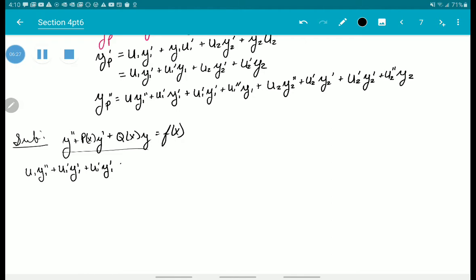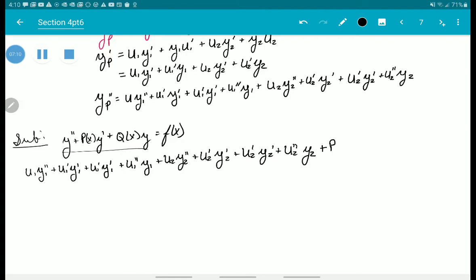Now I know I could combine those. I'm going to leave them separate because I'm going to have to reorder some of this stuff. Let me just make sure I've copied everything. So I've substituted in y double prime. Now I'm going to substitute in y prime.